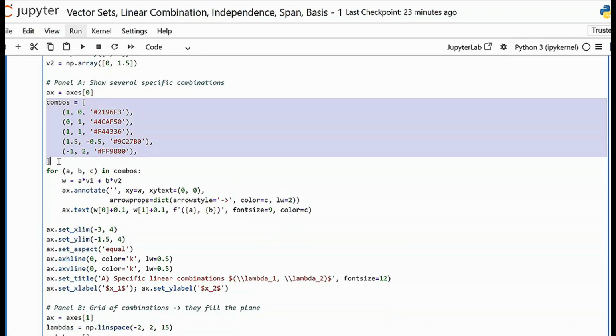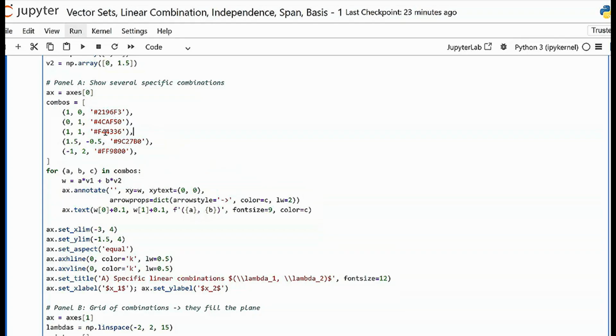Observe this code. It defines a list of specific coefficient pairs, lambda 1 and lambda 2, each with a color. So we have the weight for V1, that is vector 1, the weight for V2, and a color for visualization. And we have a loop over each combination.